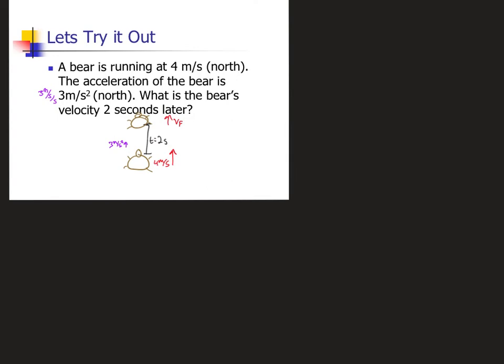I know that I have a time interval of 2 seconds. I know, I'll try to keep the colors there, that the bear is accelerating at 3 meters per second per second.